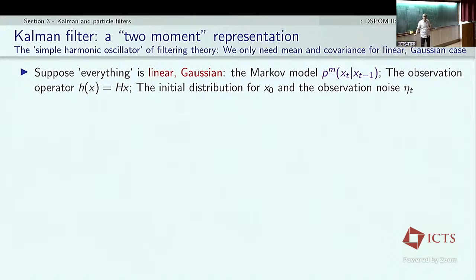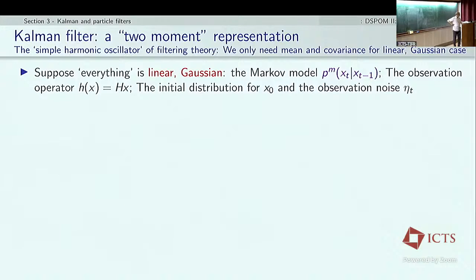So the product of Gaussian densities is Gaussian, and marginals of Gaussians are Gaussian, and so on. A few fairly common properties of Gaussian distributions give this result: if the initial distribution is Gaussian, then under a Gaussian Markov transition kernel, everything remains Gaussian.